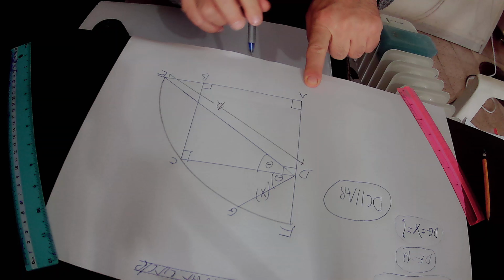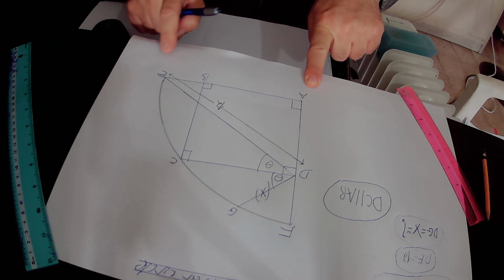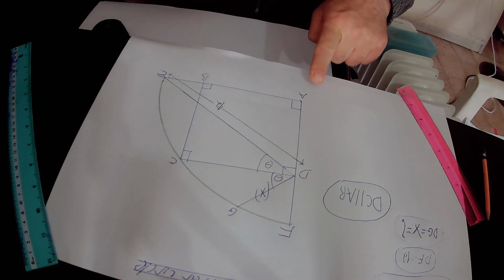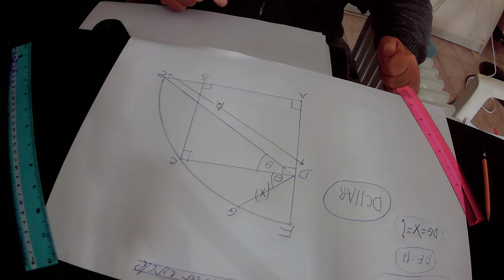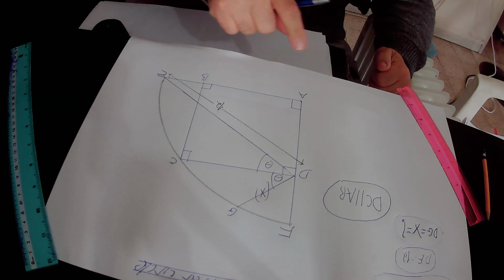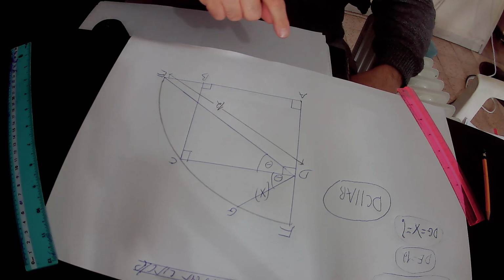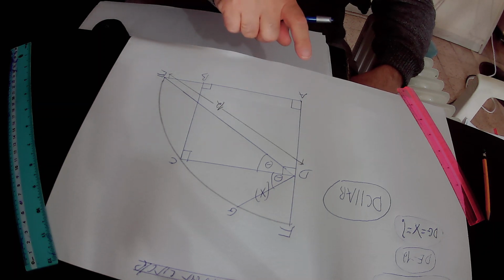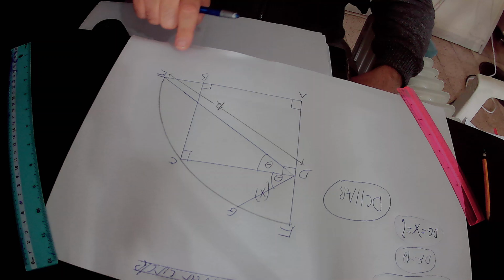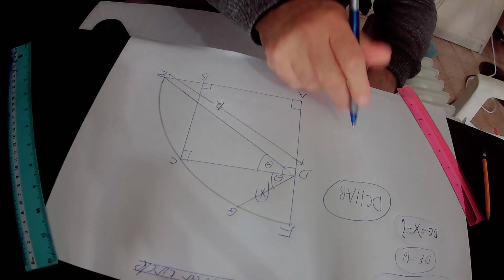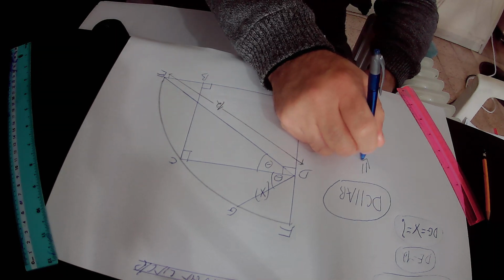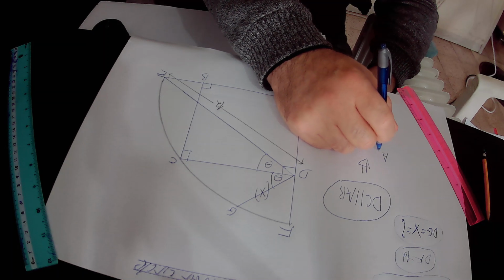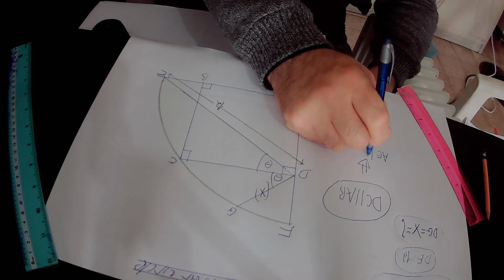Again, AB is part of the straight line AE and is parallel to DC. And you know that if a part of a straight line is parallel to another straight line, then the straight line itself must be also parallel to the other straight line. And therefore, the straight line AE itself must be also parallel to DC. So here, AE is also parallel to DC.